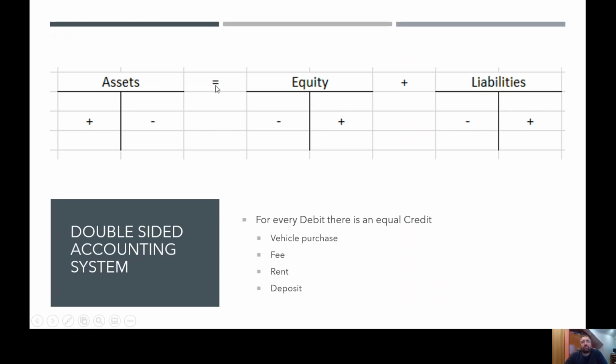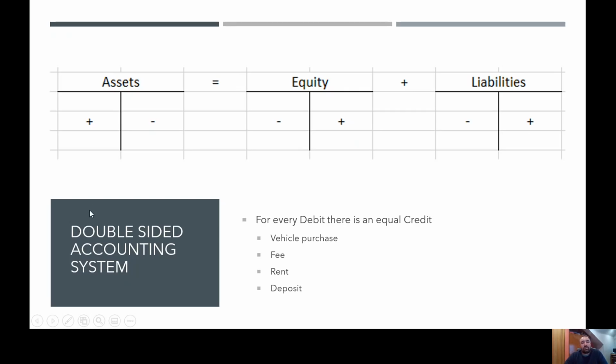Then the moment we go over the equal sign, the plus and the minus will switch around. So equity will increase on the credit side and equity will decrease on the debit side. And the liability will also decrease on the debit side and increase on the credit side.